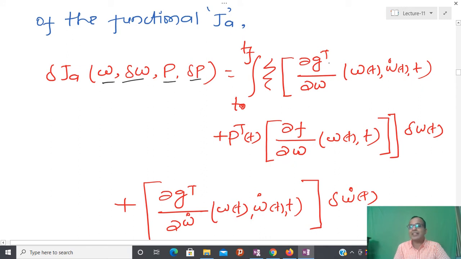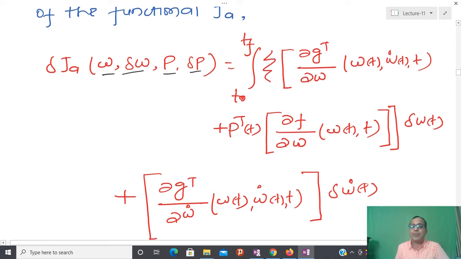You can see that g is a function of omega t and omega dot, so if you calculate the first variation, I have one variation with respect to delta omega t, and another with respect to delta omega dot.